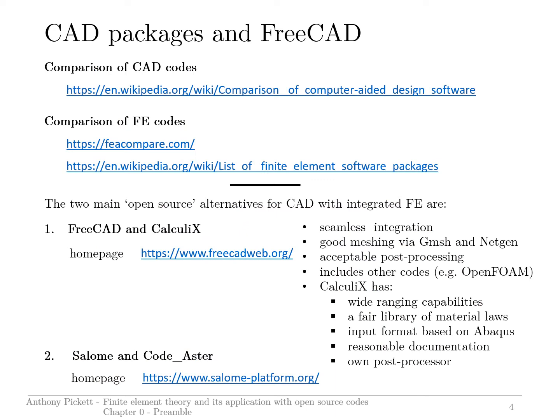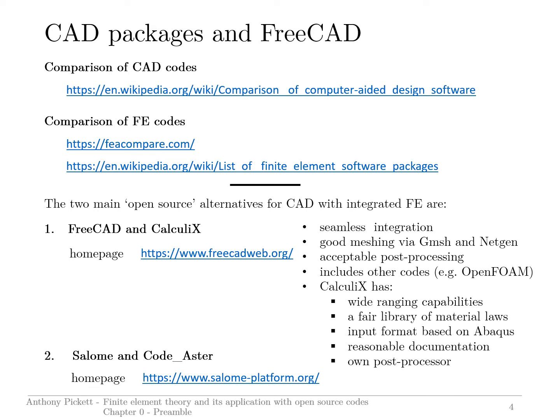If you are interested to look at the different codes that are available, there are some nice links there. First of all, for CFD, CAD codes, and then for finite element codes. And if you look through there, there are very few open source codes.